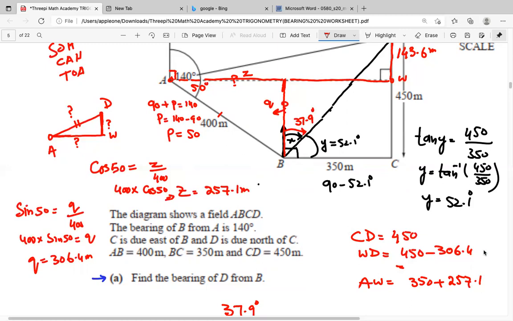So the result will be 350 plus 257.1. AW is 607.1.